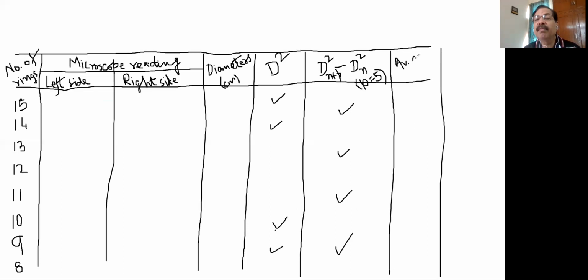Average of D n plus p square minus D n square, and you will get the value of D n plus p square minus D n square.